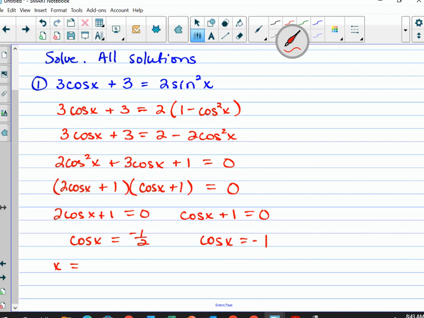All right, guys, when does cosine equal -1/2? 2 pi over 3 and 4 pi over 3. So 2 pi over 3 plus 2 pi k, 4 pi over 3 plus 2 pi k. And then the other one, when does cosine equal -1? Just at pi, right? Pi plus 2 pi k.